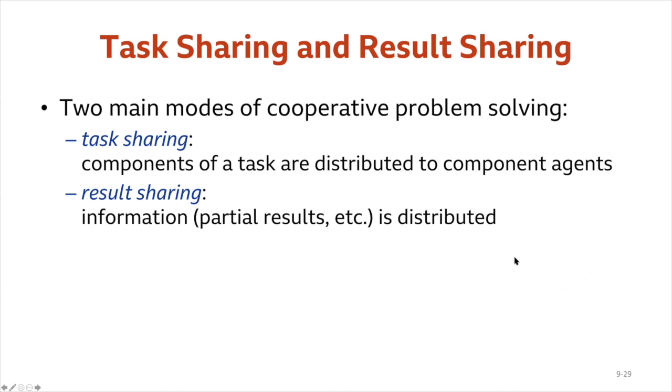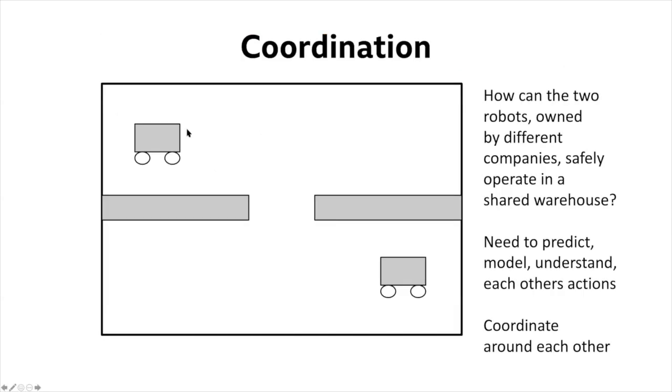So coordination requires being able to understand each other's goals and each other's actions, to take those into account and predict them. And two fundamental modes of cooperation and coordination are what are called task sharing and result sharing. Task sharing is where the components of a task are broken down into smaller pieces and distributed out to other agents. So for example, these two agents can help each other by sharing tasks, right? So this agent can delegate some of its tasks to this robot while this robot delegates some of its tasks to this robot, right?